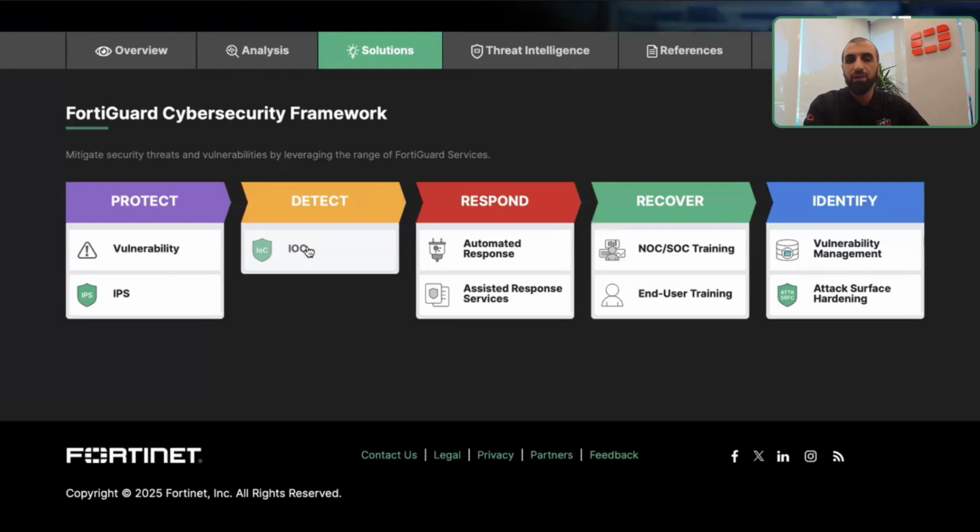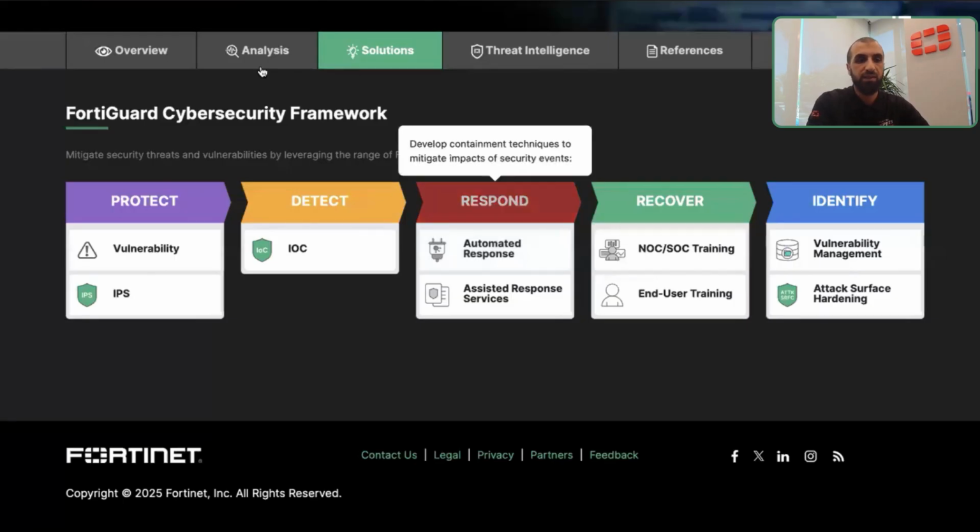These IOCs are basically the digital breadcrumbs that attackers leave behind, which is something really crucial to search for. And from a response perspective, as I usually mention, we have skilled professionals who can assist you to search for any possible compromise, or even if you are impacted and you know that the attack is there, they can do the needful to respond to the attack.